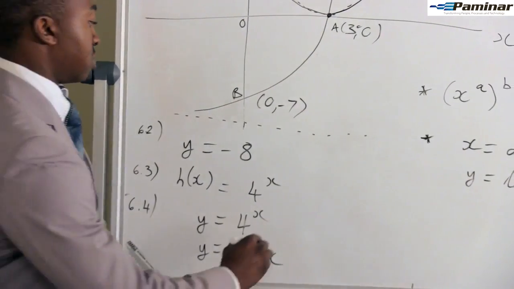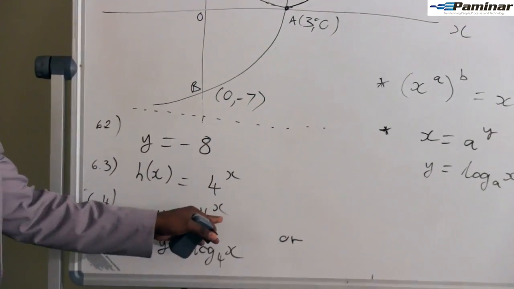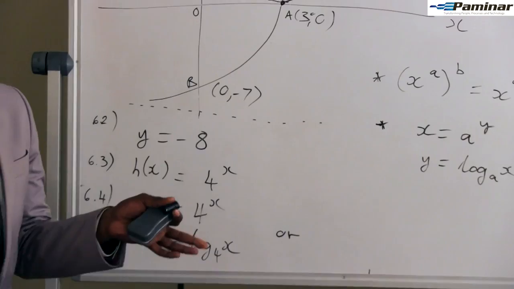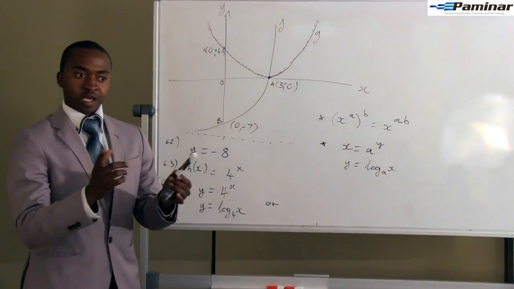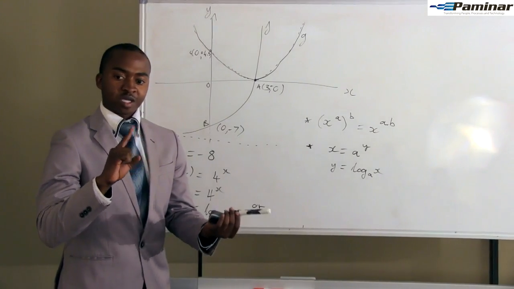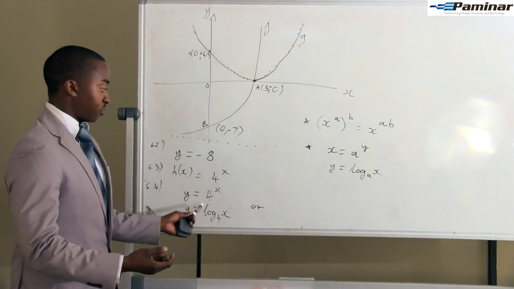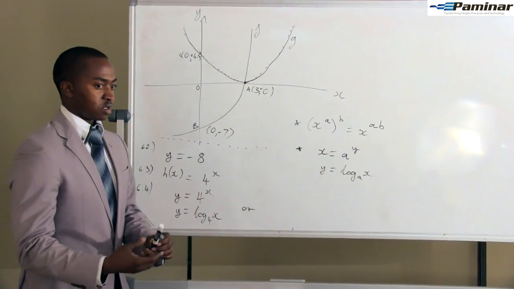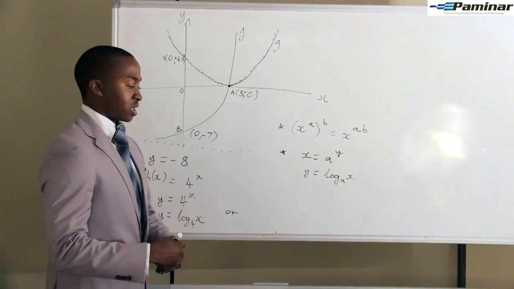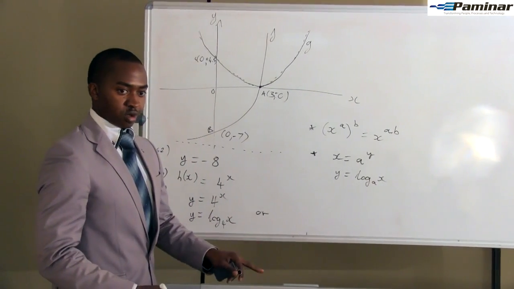So that's one method you could use, or you could try to remember the rule, one of the methods we've used to get an inverse. You make x the subject of the formula, then you change the x's to y's, and that will be your equation. Just like you've got y is equal to 4 to the x, try to solve for x. In other words, make x the subject of the formula. In order to do that, we introduce logarithms.